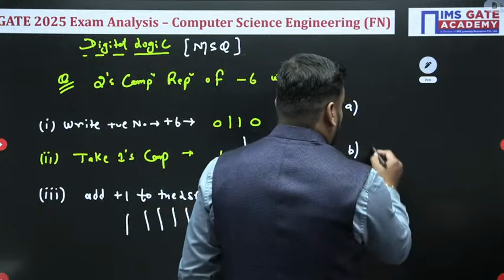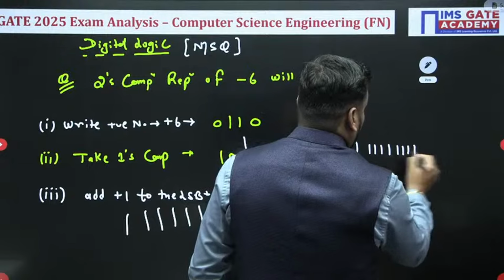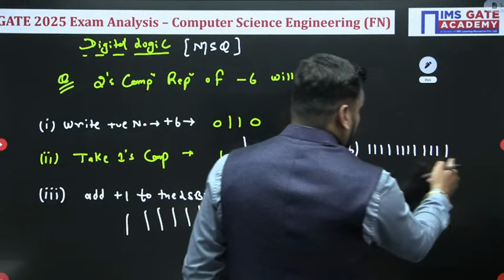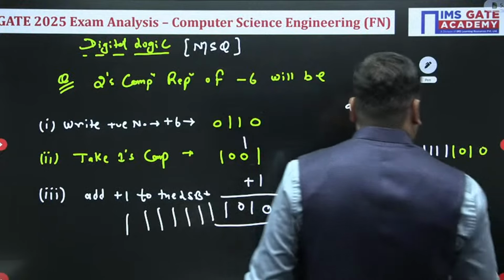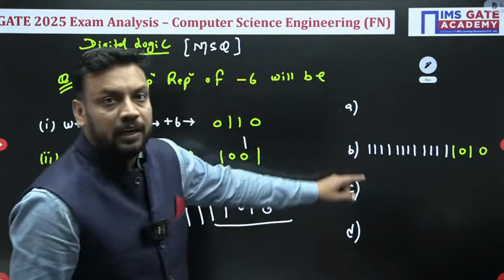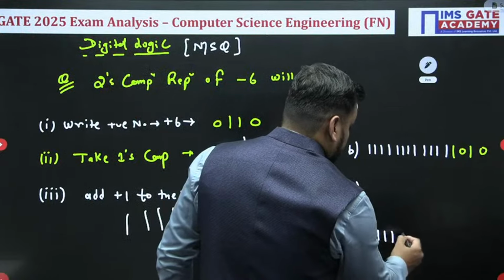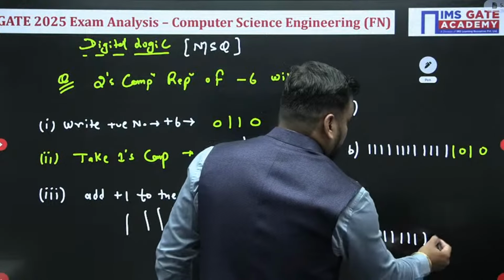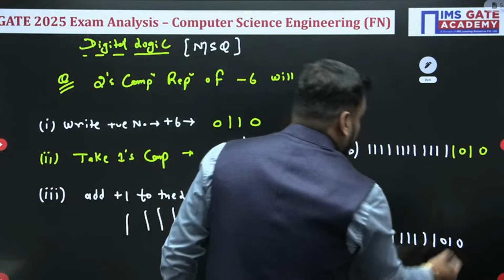Maybe in some option you have 4 ones, then again 4 ones, then again 4 ones, total 12 ones, and after that 1 0 1 0. So maybe one option is this, and another representation is the 8-bit one: 1 1 1 1, again 1 1 1 1, total 8, and again 1 0 1 0.